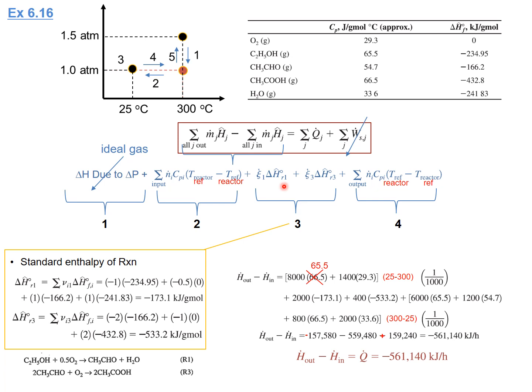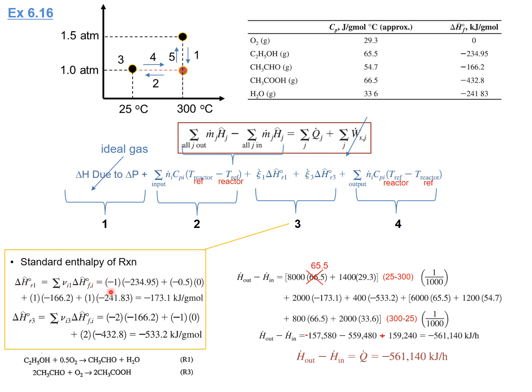Of course, we could use the formation energy. For example, the standard enthalpy of R1 is equal to the sum of the formation energy of each species, reactant or product, at the standard state with the corresponding stoichiometric coefficient. So let me calculate the enthalpy of reaction 1.